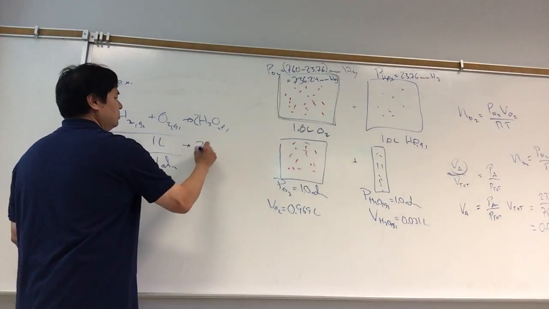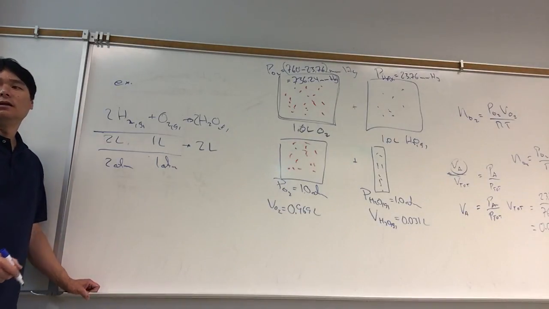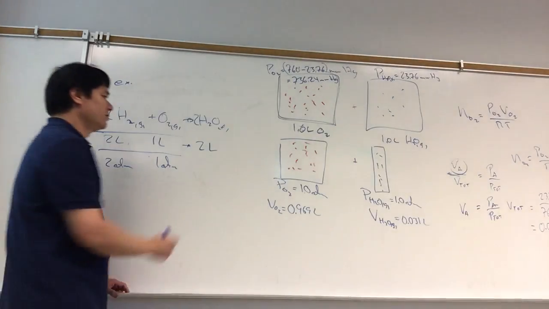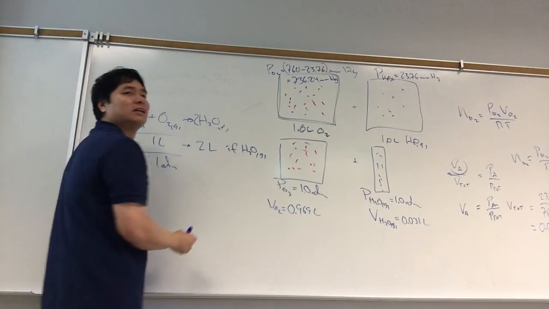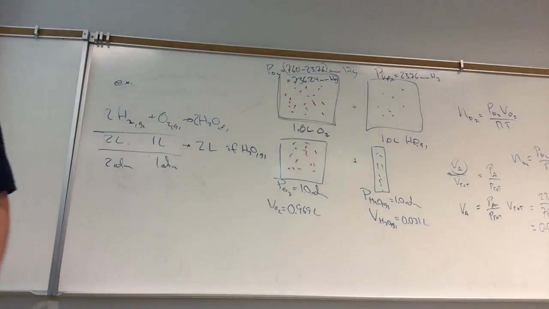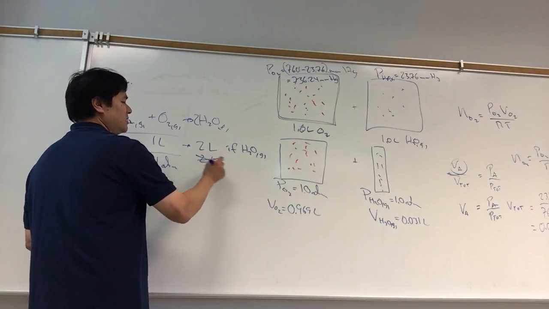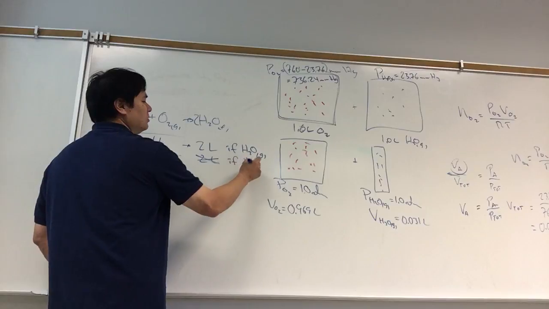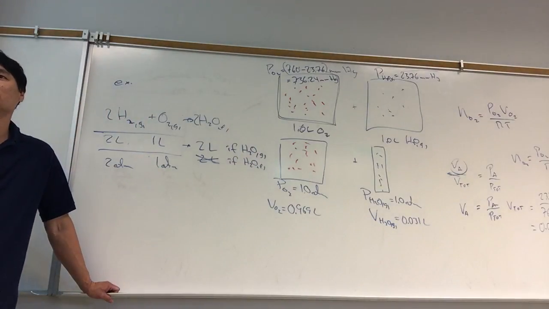It should form 2 liters if it was H2O gas, right? But it's not H2O gas, it's H2O liquid. And since it's H2O liquid, it does not form 2 liters. It's much less than 2 liters, right? Much, much less.